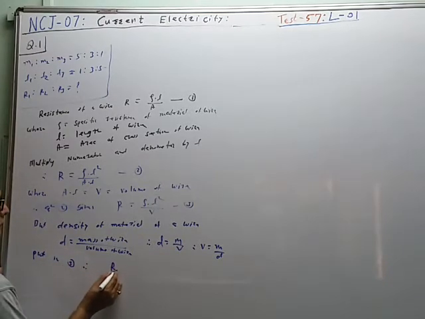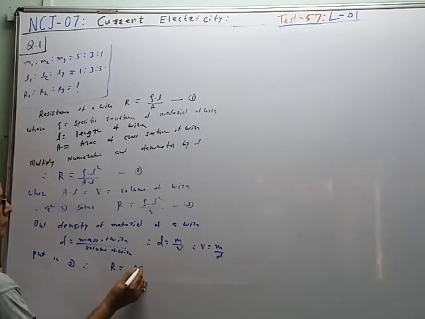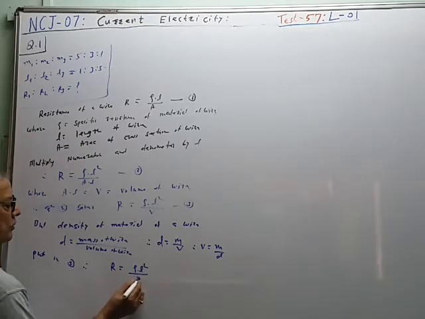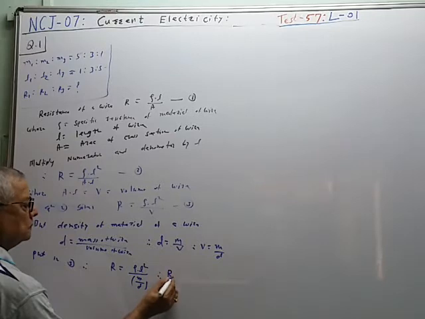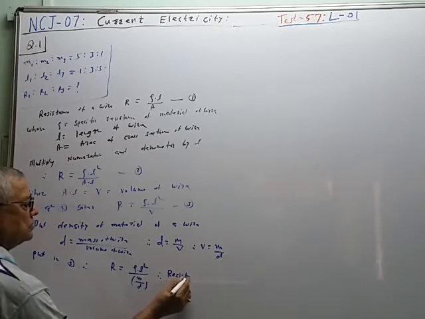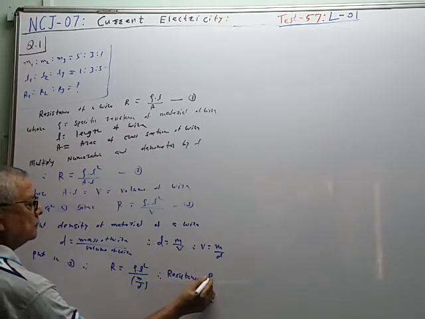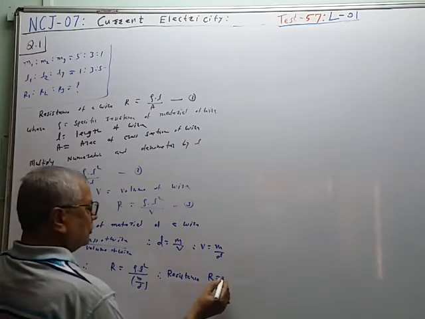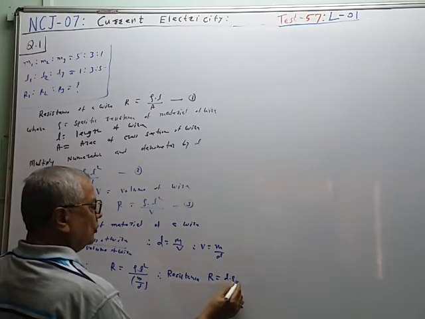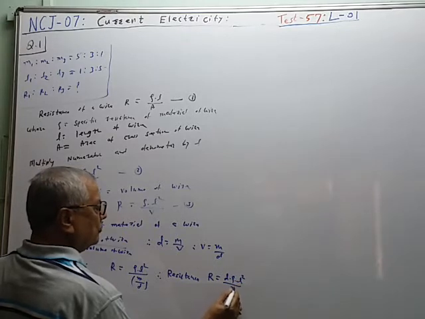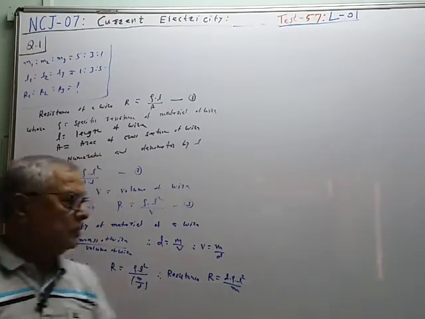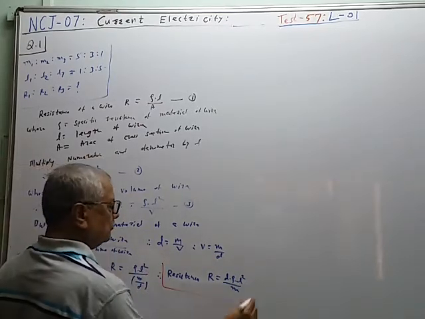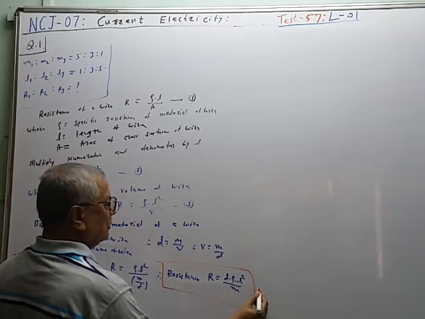Therefore, R is equal to rho into L square upon M by D. Therefore, resistance R is equal to D into rho into L square upon M. This is equation 4.